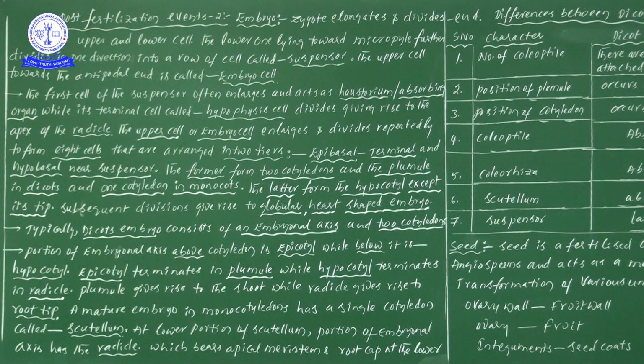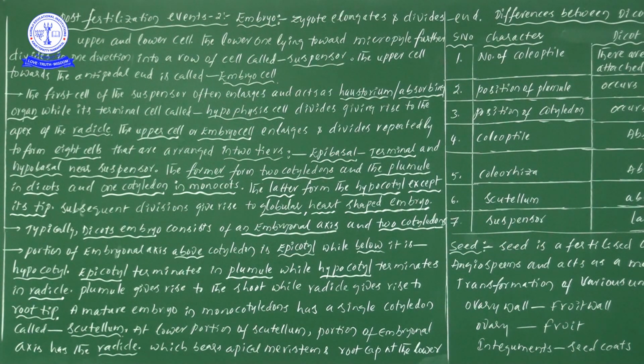In dicots, plumule formation as well as cotyledon formation is under the control of the epibasal, so the epibasal forms two things: 2 cotyledons and the plumule. In monocotyledons, one cotyledon is there, which we call the scutellum. That scutellum is also formed from the epibasal in the case of monocots.